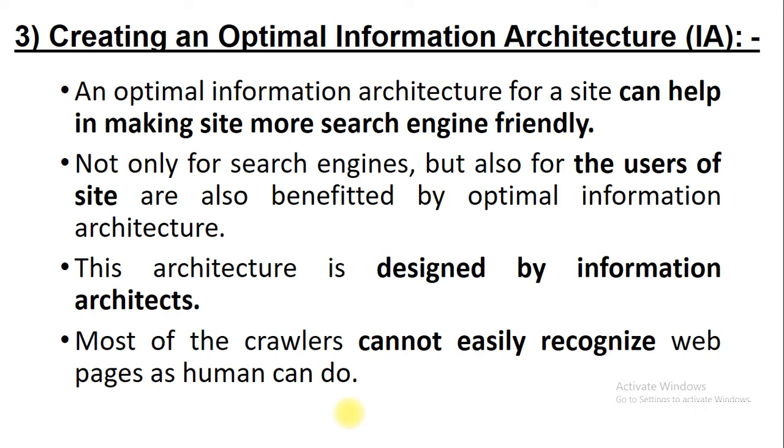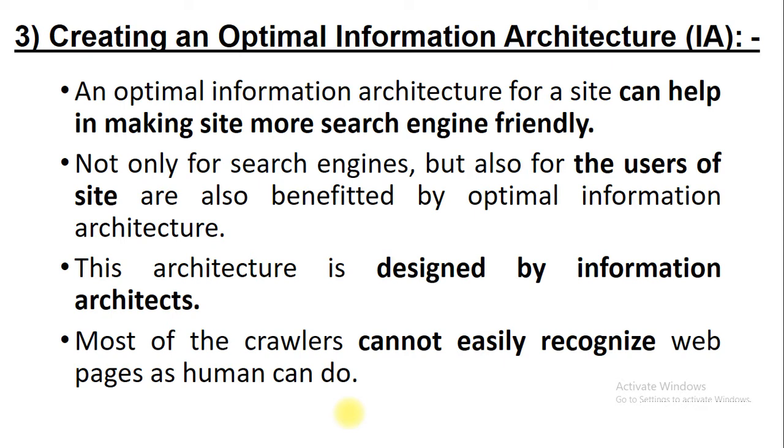Now see, a crawler cannot identify the pages which belong to the website, right? Why? Because a crawler is a kind of software program, or we can say a crawler behaves based on the algorithms which are predefined by the search engine.